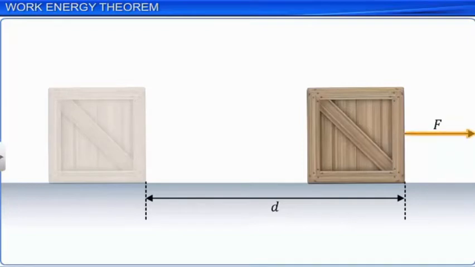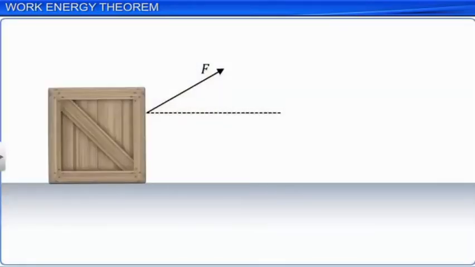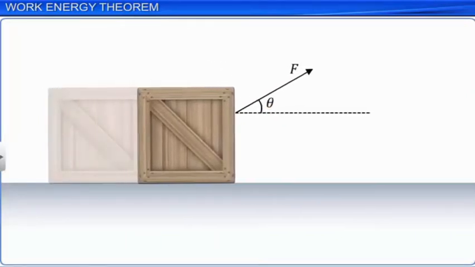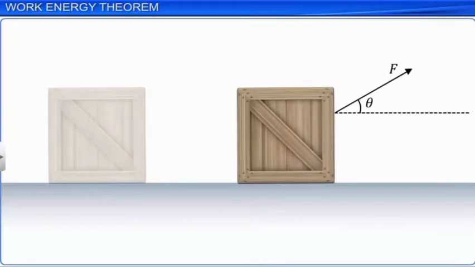where the direction of the force is not along the direction of the motion of the block. Here, the force makes an acute angle theta with the horizontal. In this case, too, we observe that the block moves in the horizontal direction only. Here, the total amount of force is not being utilized to move the block.